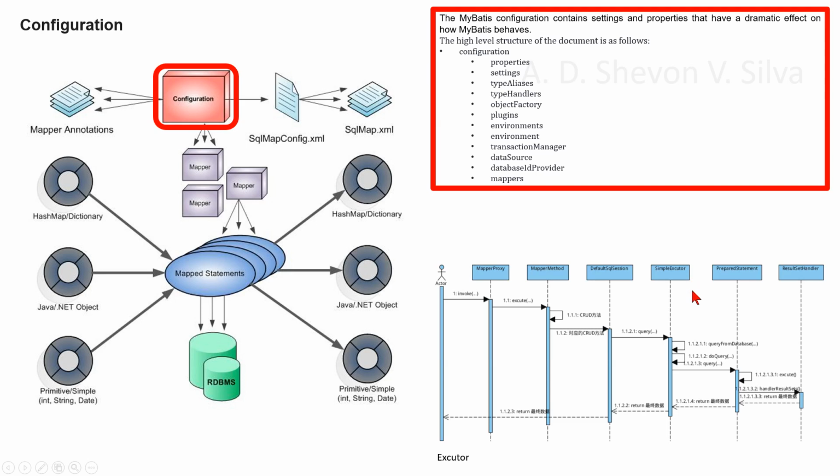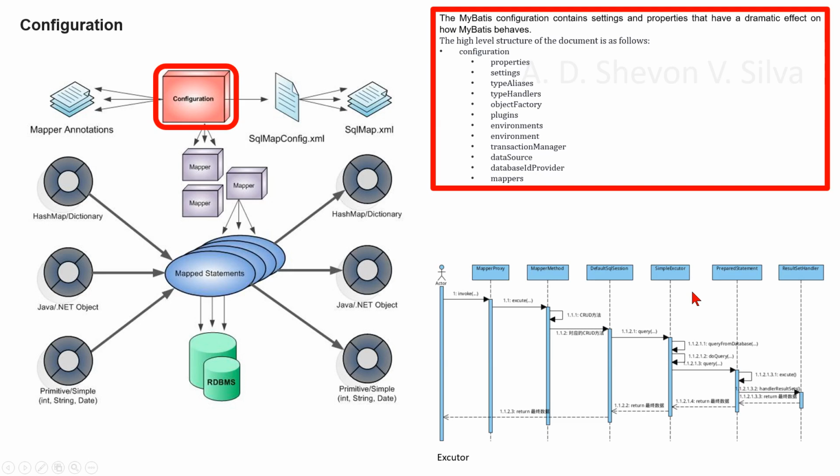Caching executor searches the cache before querying the database. If it is not found, it calls the delegate, that is the executor object passed in during construction, to query the database and store the query result in the cache. Executor objects can be intercepted by plugins. If a plugin for the executor type is defined, the resulting executor object is a proxy object inserted by the plugin.